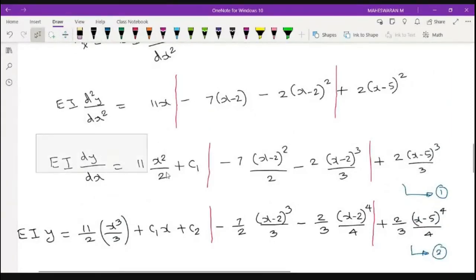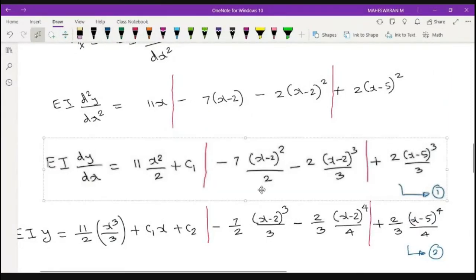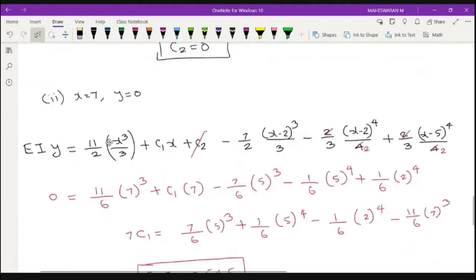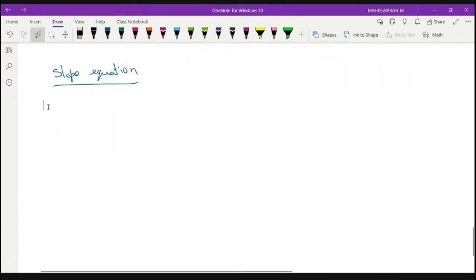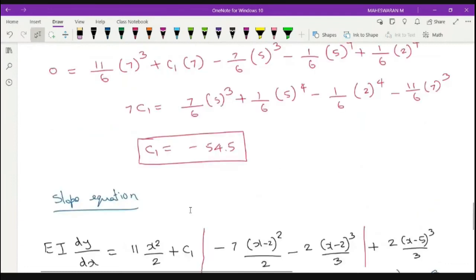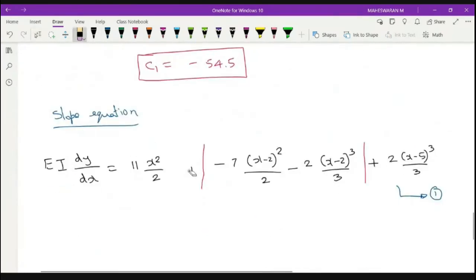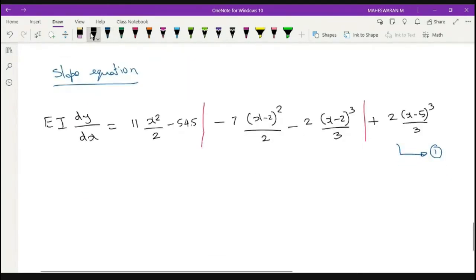Let me copy this equation and put it here. The only thing is C1 is minus 54.5, so I have to change this. Other things are the same. Let me call this equation number 3.